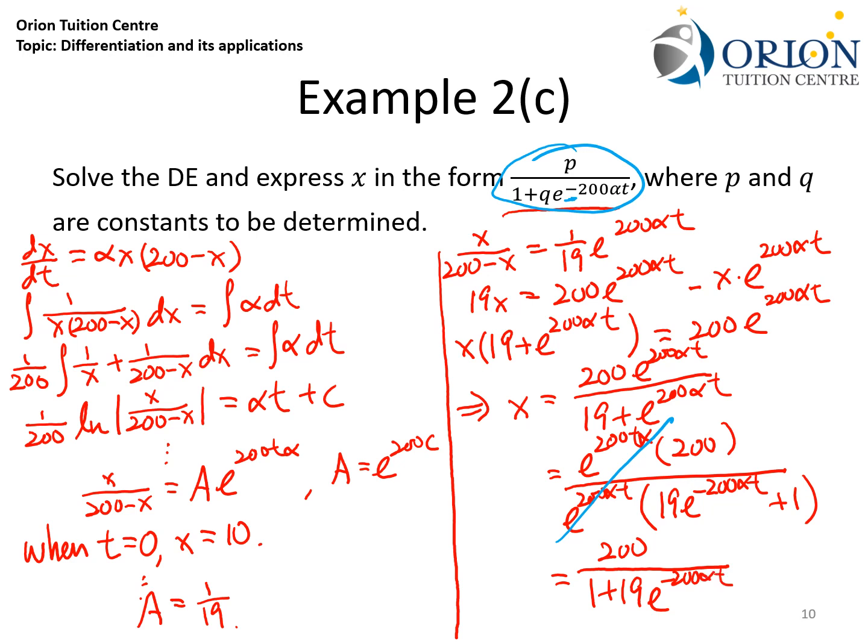And this will be the solution that they want, where P is 200 and Q will be 19.